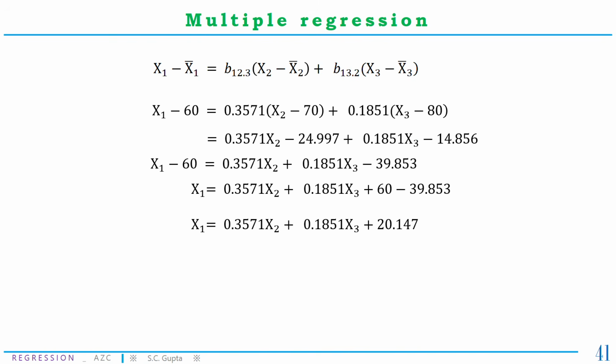The equation of regression line of x1 on x2 and x3 is found as x1 is equal to 0.3571 x2 plus 0.1851 x3 plus 20.147.